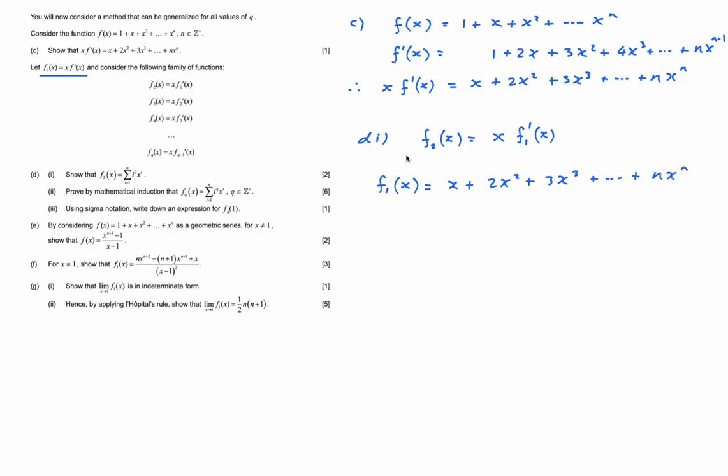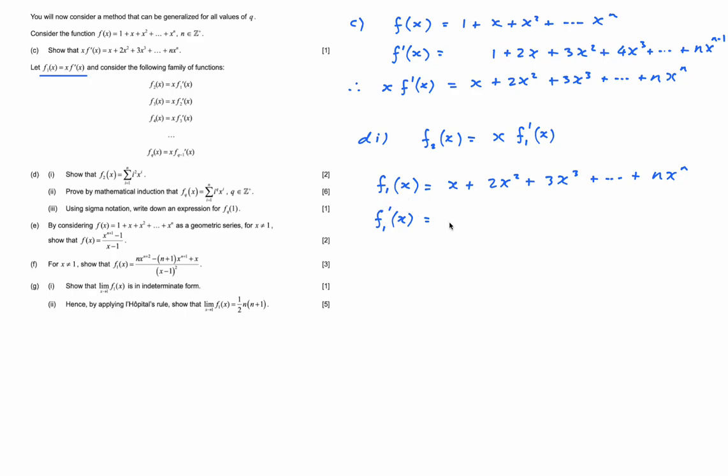Now, that's f1 of x. To get f2 of x, we need to get the derivative of this first, and then times it by x. So f1 dash of x, and again guys, it's only 2 marks, I feel is very harsh.